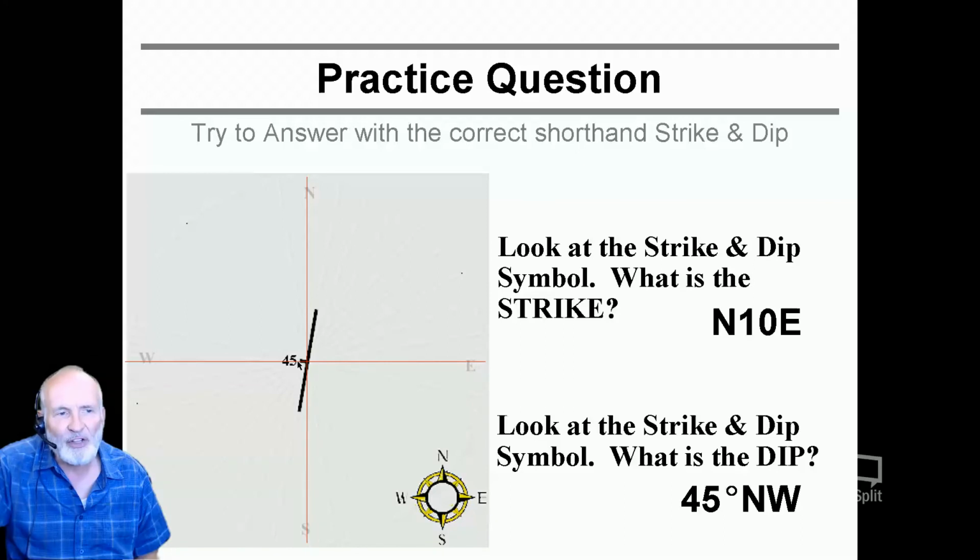Even if it's just a little tiny bit, just a few degrees, give the quadrant designation. You don't have to be exact anymore by how many degrees. Remember, strike and dip are perpendicular. You just need to give me the general direction. So 45 degrees into the northwest quadrant. This is what it says, right?